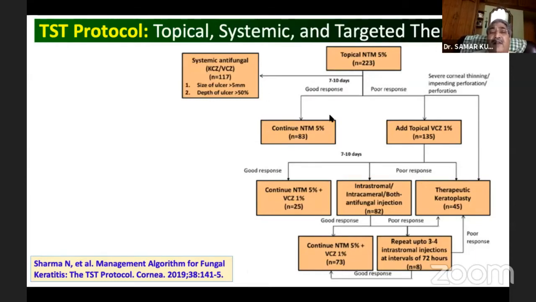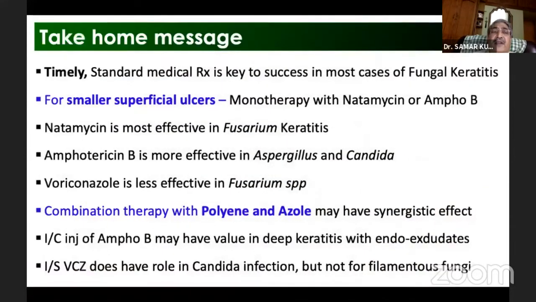Namrata et al. have shown beautifully, with a huge number of cases, and have given a beautiful algorithm on how to proceed. If you follow this algorithm, you will be successful in most cases. So the take home message is that timely standard medical treatment is the key to success in most cases.